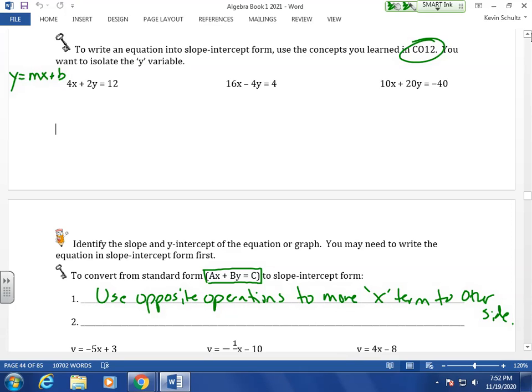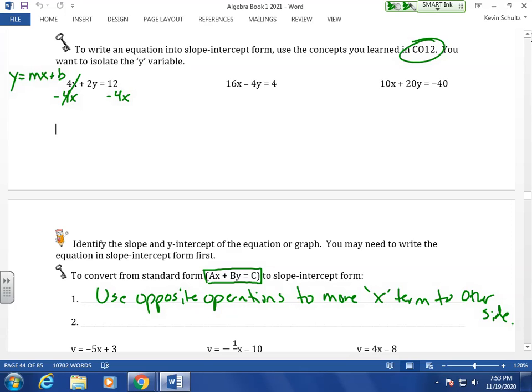So in our first equation, 4x plus 2y equals 12, since it's a positive 4x, I'm going to subtract 4x from both sides. The opposite of a positive 4x is a negative 4x.